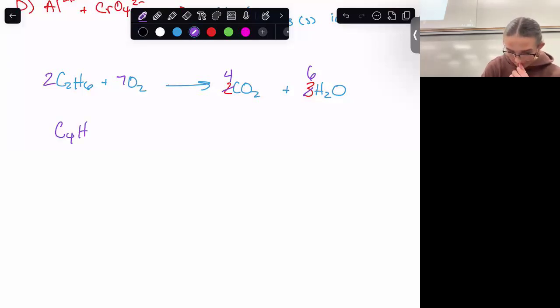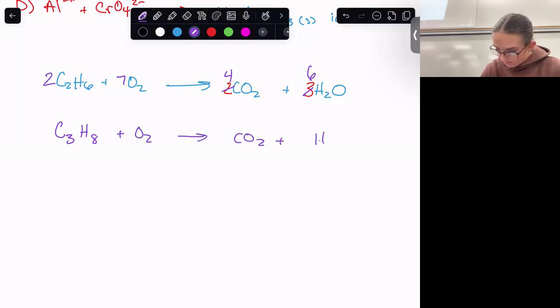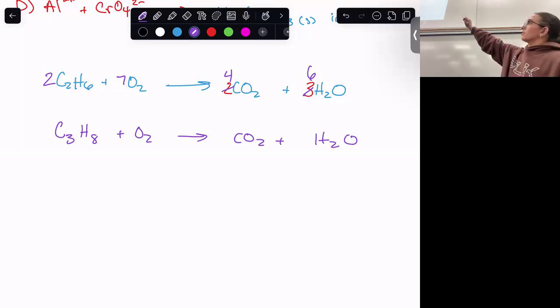So if you have C3H8 and oxygen, right, your even number of hydrogens, this is going to be 3.